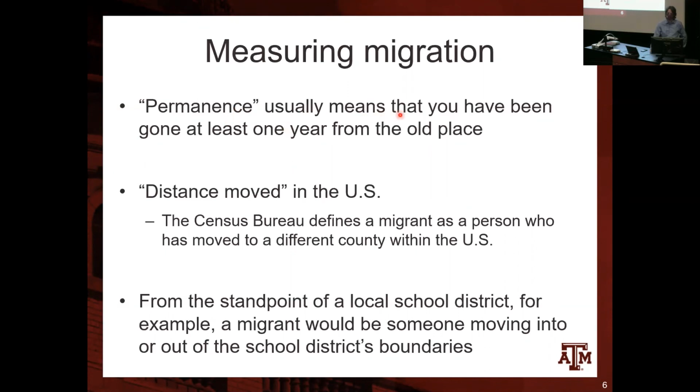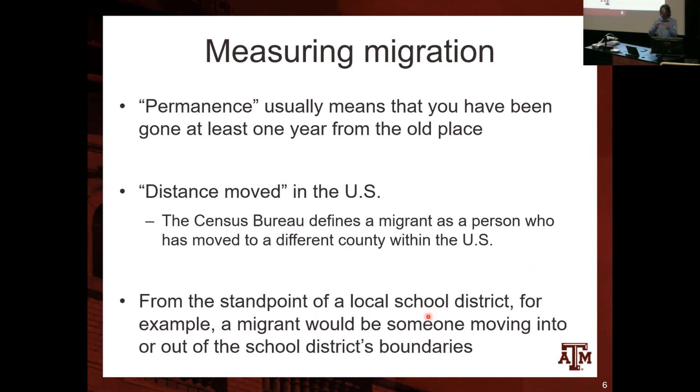Permanence in migration usually means that we have been gone at least one year from one place to the other. Like I mentioned, the US Census Bureau defines a migrant as a person who moved to a different county within the US. But if we are trying to understand the demand that a specific school district is going to have, how many children will demand a spot in a specific school, from the point of view of the policymaker trying to plan the supply of places in schools, it would be good to know if people are moving between school districts.